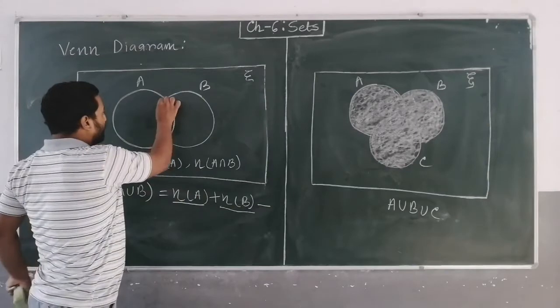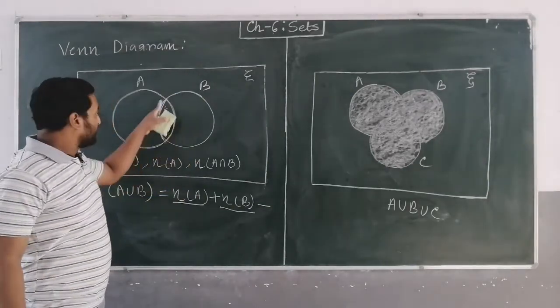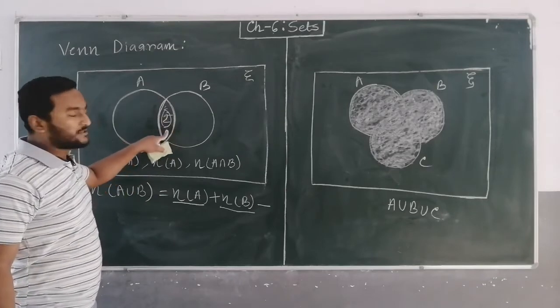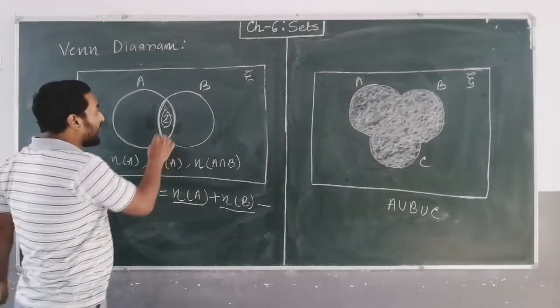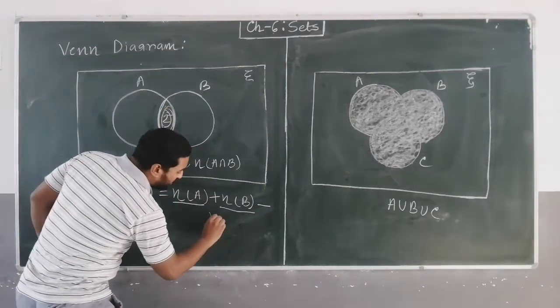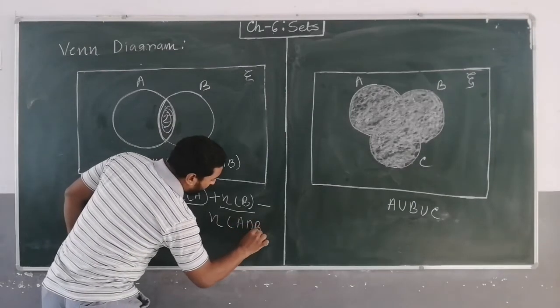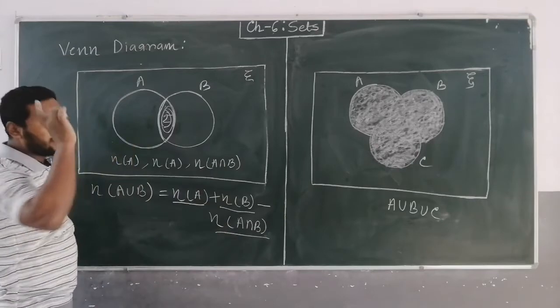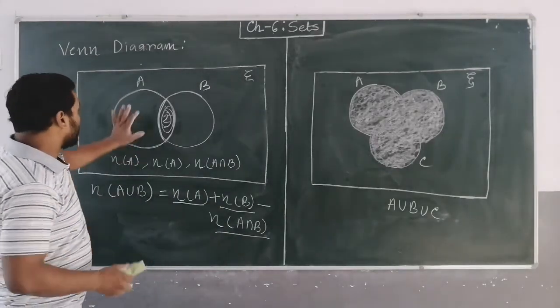This portion is known as the intersection of A and B. This portion is A intersection B. So you have to subtract the number of elements present in A intersection B, one time. Understood? Try to understand very carefully.